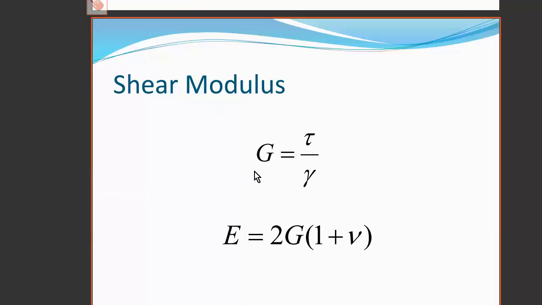The shear modulus is very similar to the elastic modulus. It is equal to the shear stress divided by the shear strain. And to indicate that when we apply an axial stress to a material, we don't just generate normal stresses.